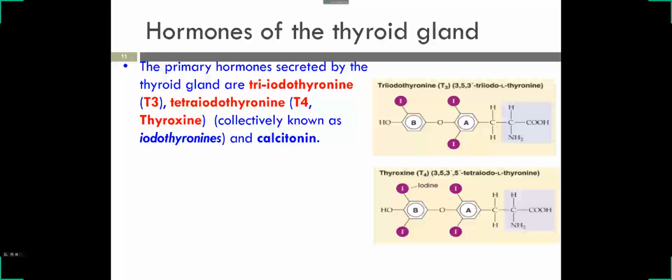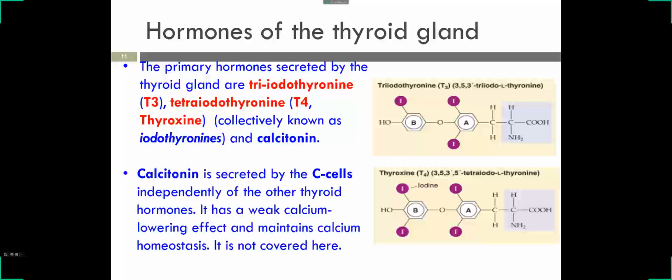Sometimes you'll also hear them called iodothyronines, and then there's the calcitonin that I mentioned to you. Just to remind you, the calcitonin is secreted by the C cells, so different cells, independently of the other thyroid hormones. Although they're next to each other, they don't work in conjunction.